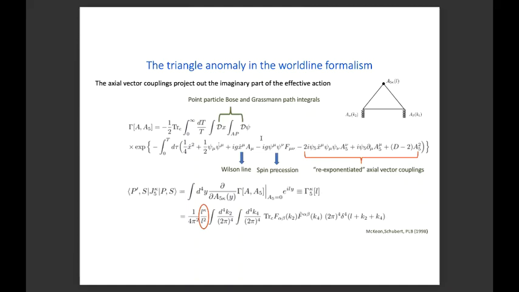Can I ask a question? Yeah. When having the ABJ anomaly, we have an option whether we keep vector-like symmetry or axial symmetry, and imposing the vector-like symmetry, we obtain the anomaly for axial. Where do we see that kind of choice here? I'm not sure I understood your question. In the Dirac determinant, introducing this explicit axial vector term gives me an imaginary part of the effective action.